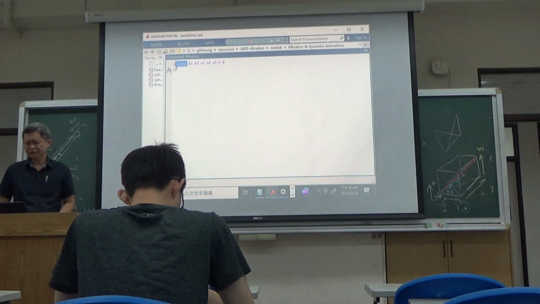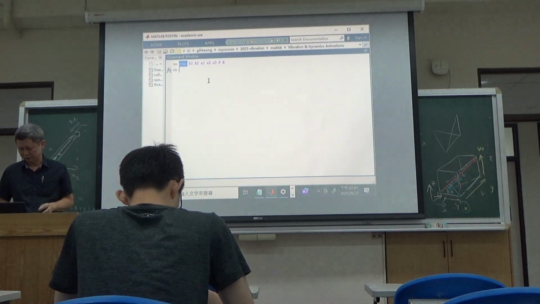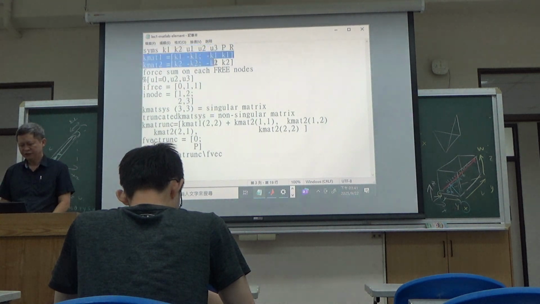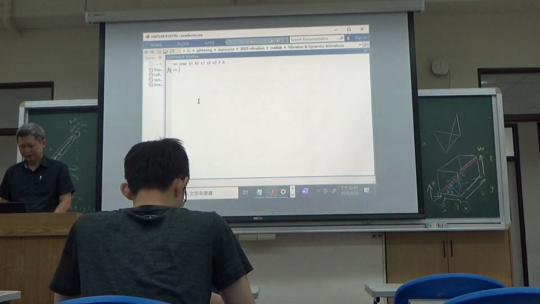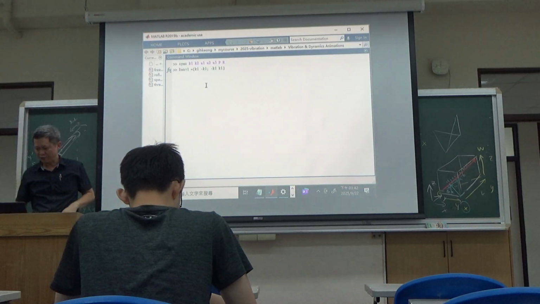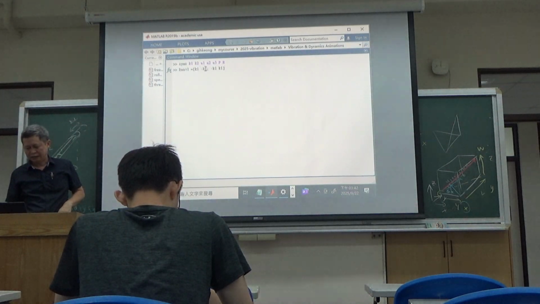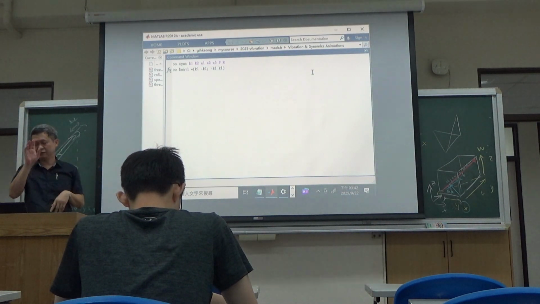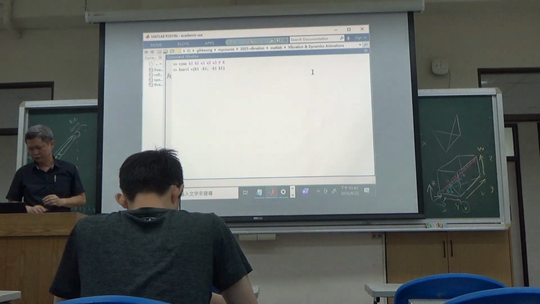This command is defining symbolic variables. And then when you type the stiffness in MATLAB, you can define the matrix by having a square bracket. Comma is to separate the column. Semicolon is to separate the row.